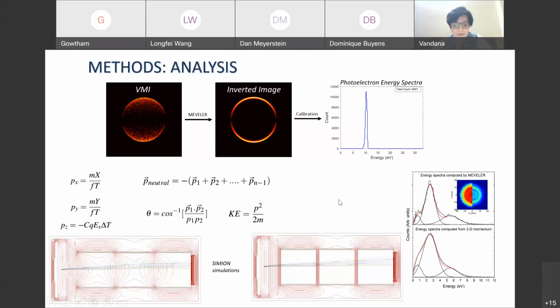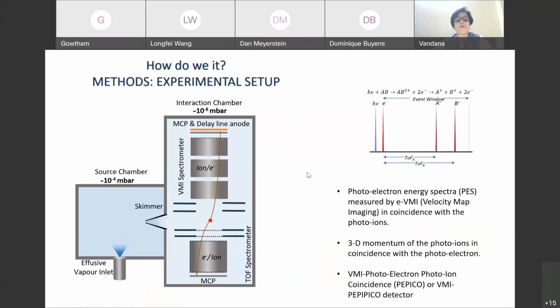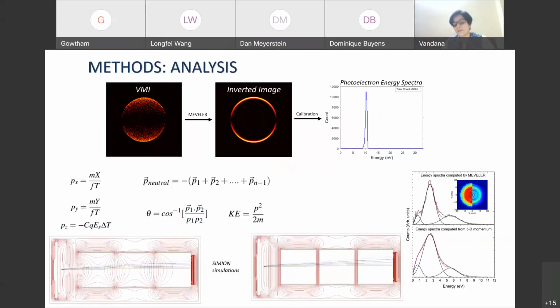But calibrating the ion energy spectrum was a little difficult task, because in that case I am operating this velocity map imaging spectrometer in the ion mode, and I need to record the momentum. What I am getting in my hand is the position information and the time of flight information. So in that case I need to get the momentum also. Because this is not a homogeneous field, it was a little trickier.